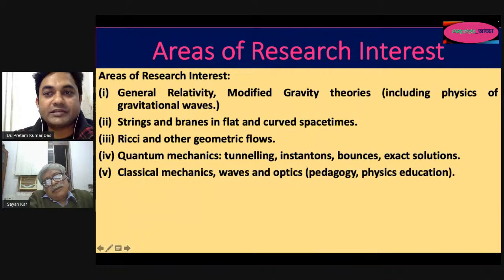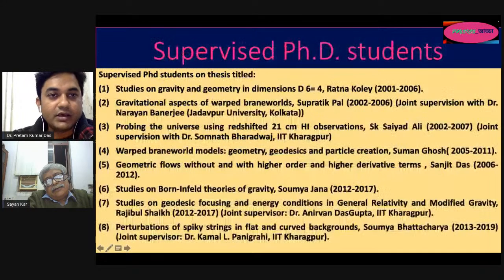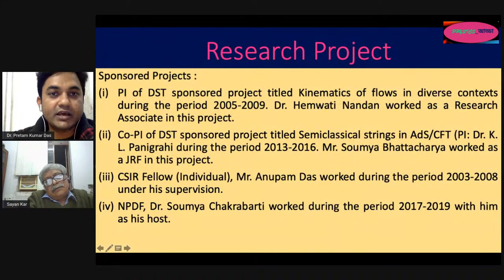His areas of research interest are general relativity, modified gravity theories, including physics of gravitational waves, strings and branes in flat and curved spacetime, Ricci and other geometric flows, quantum mechanics, tunneling, instantons, bounces, exact solutions, classical mechanics, waves, and optics. He has also supervised many students, and we can see some of those students' PhD titles and some of his research project sponsors.